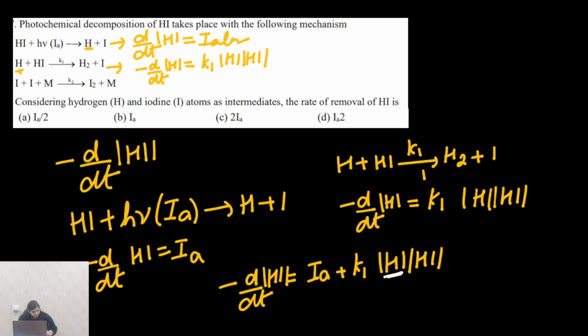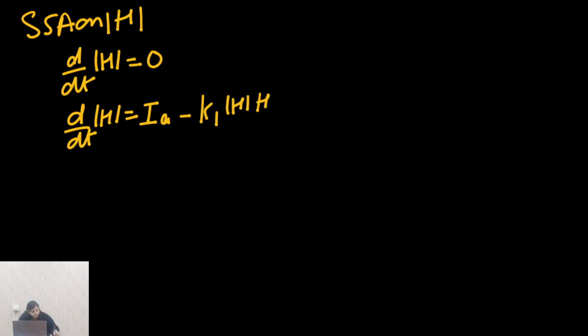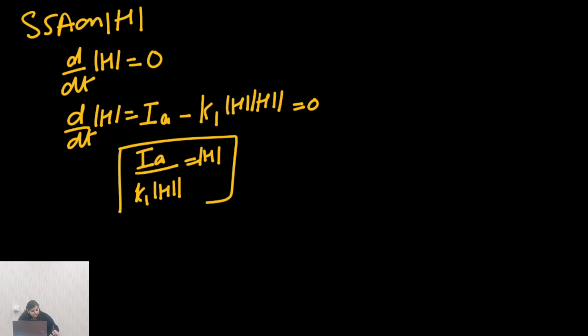So combine these two now. It becomes d by dt of H equal to IA minus K1 times H into HI, and this is equal to 0. So from here, IA upon K1 times HI is the concentration of H that we will be getting.